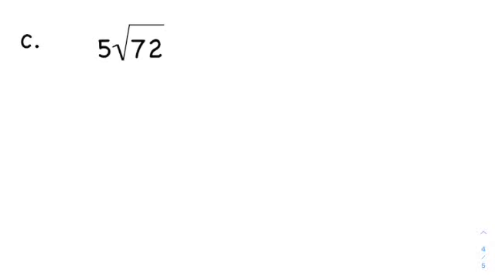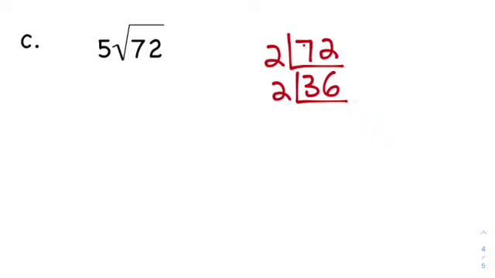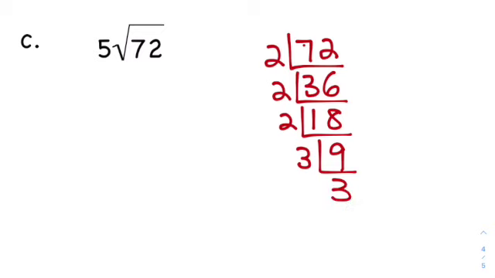For letter C, we are going to take 72 and divide by 2, and that's going to give us 36, and divide by 2, and that is going to be 18. Divide by 2, that's 9, and then 3 and 3. See, there's a pair of 2, there's a pair of 3. Because it's a square root, we are only going to circle 2 per group.